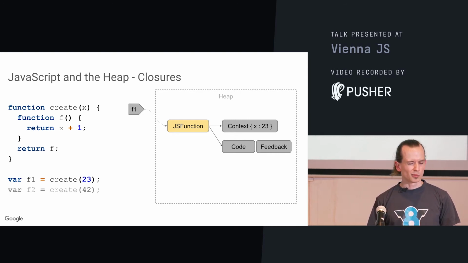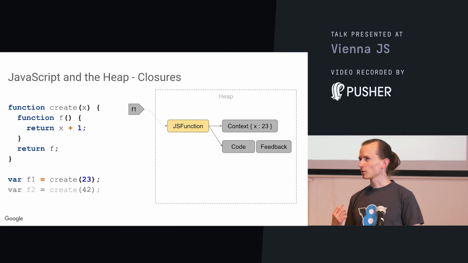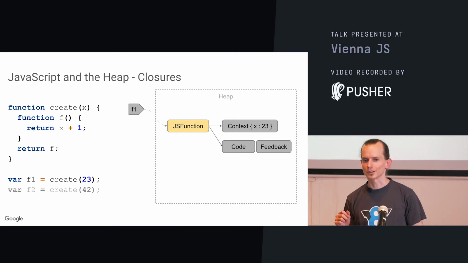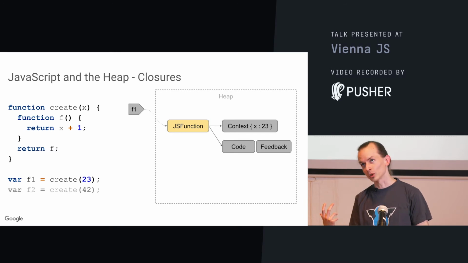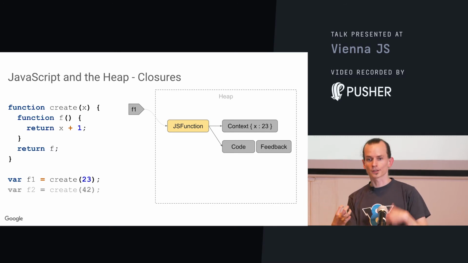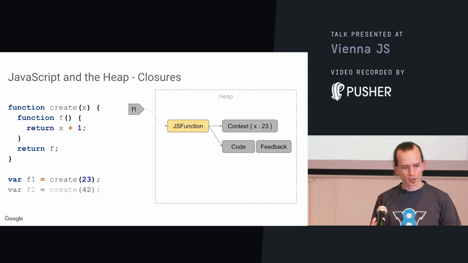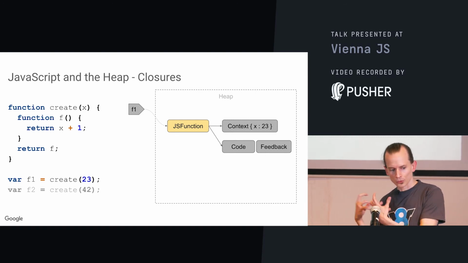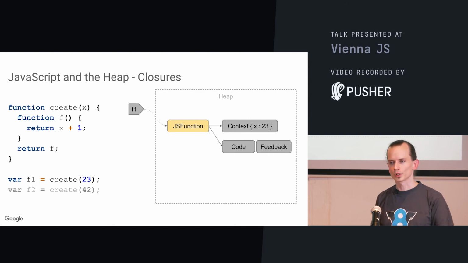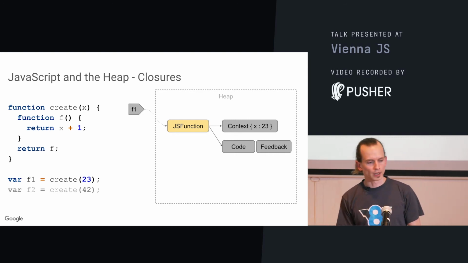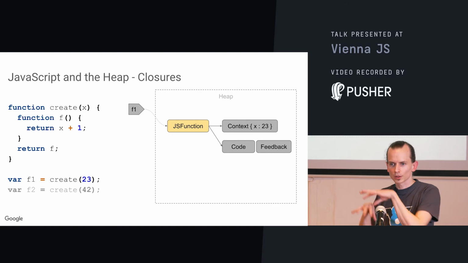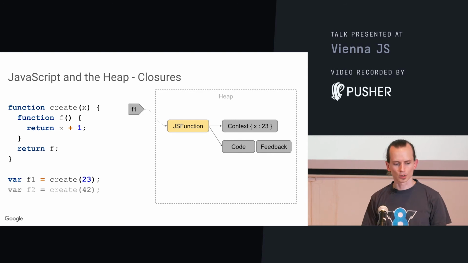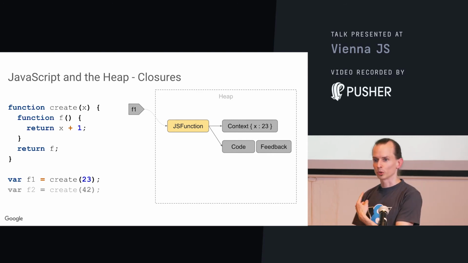And if you look at the Wikipedia entry for closure, it kind of defines closures like this. It says a closure is a combination of a function and its execution environment. So the function itself, the behavior, is encoded in the code object, and the execution environment, the variables surrounding it, is encoded in the context.